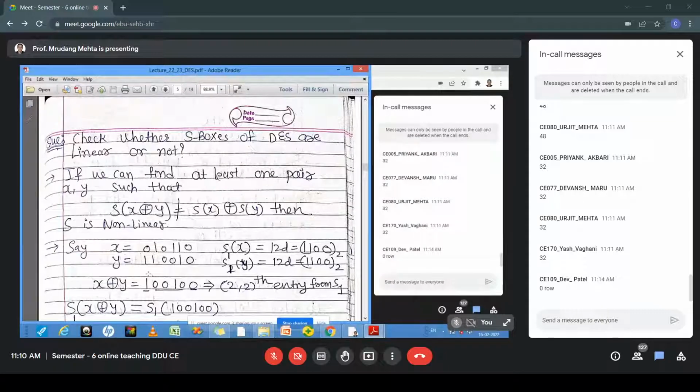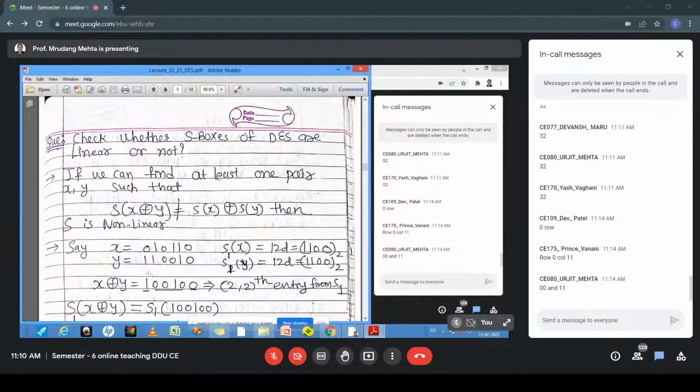So 0, 0 indicates row number 0, and then the column number is 1, 0, 1, 1.